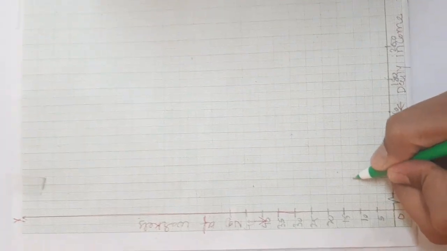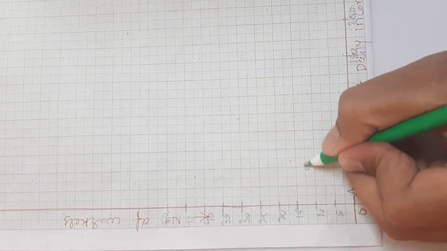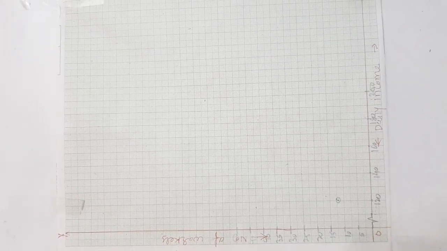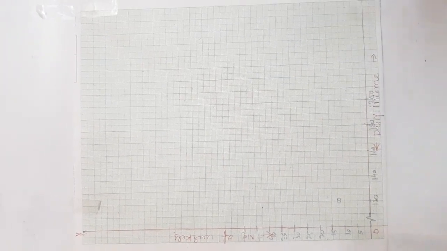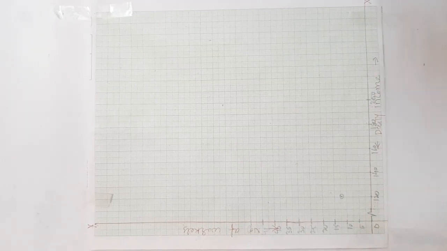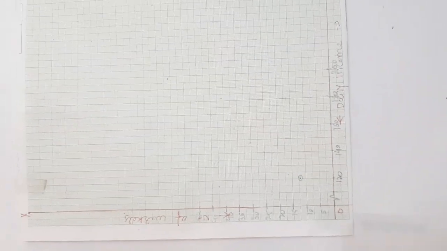After 4 blocks, it will come to 12. The reason is the scale is of 5. If it would have been of 10, then one small box means one number. But as it is of 5, two small boxes mean one unit. So first is plotted, 120, 12.